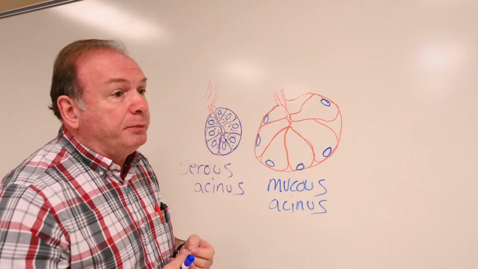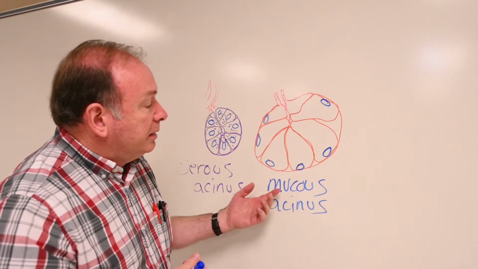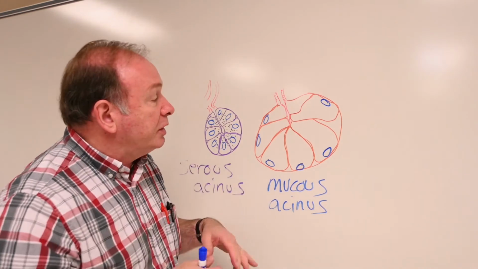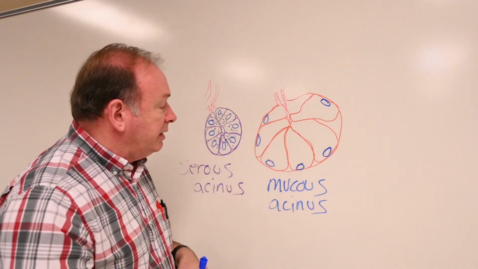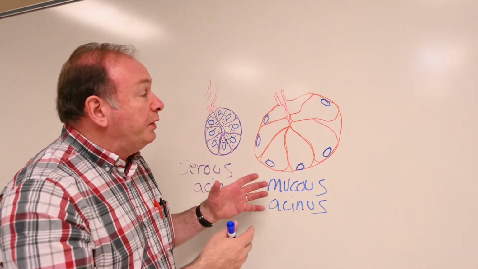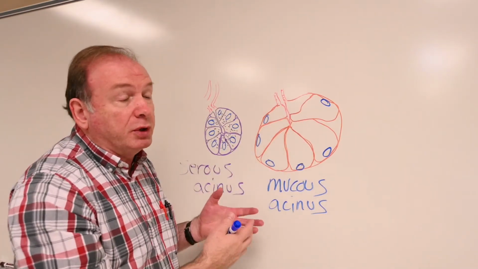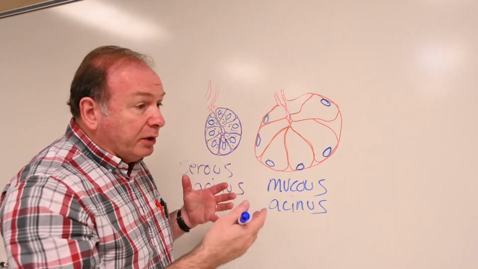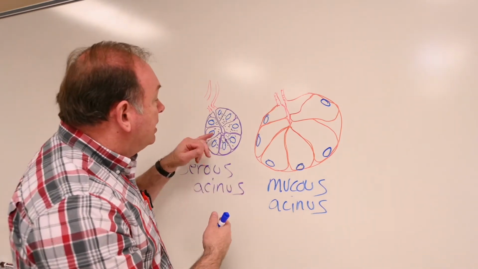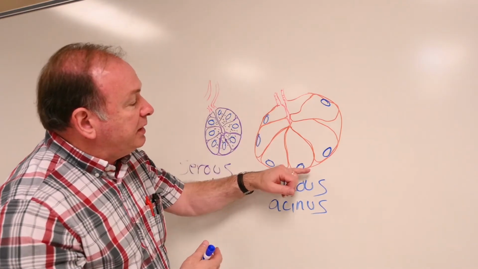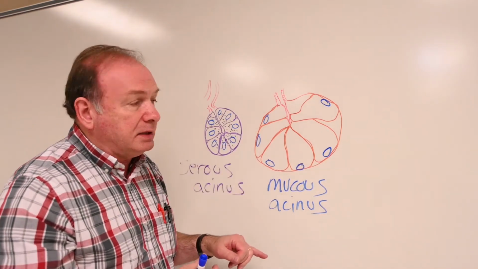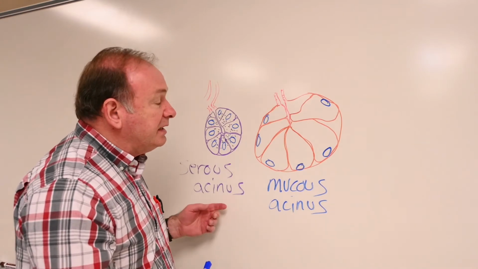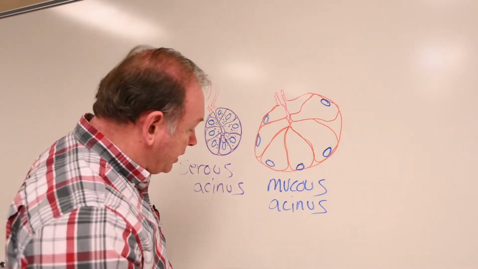In your submandibular glands, you're going to have a mix of mucous and serous cells. And sometimes within the same acinus, you'll have both mucous and serous cells. When that happens, as a result of the preservation process, the serous cells get displaced to the outside of the mucous acinus, and they form what's called a serous demilune, and we'll draw that next.